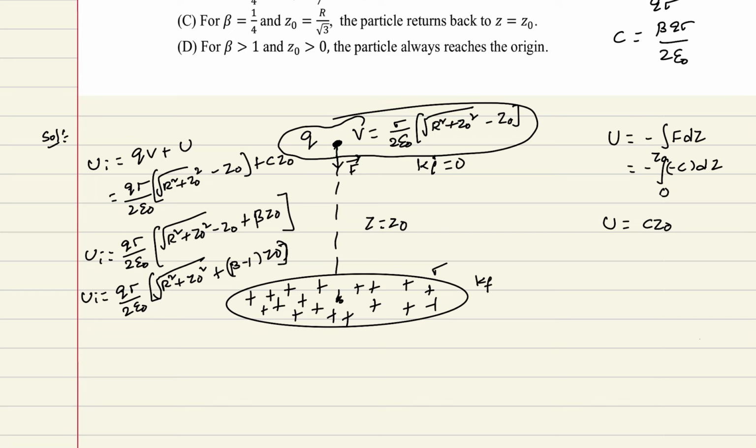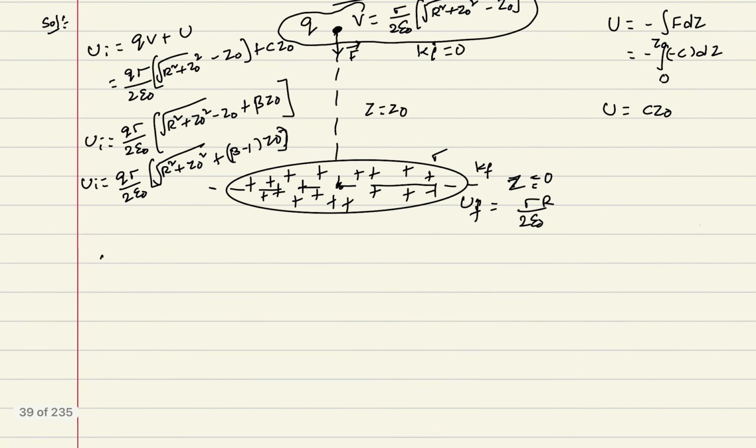The particle is dropped, so the initial kinetic energy is 0. When the particle reaches the origin, let us consider the final kinetic energy is Kf and the final potential energy is at z equal to 0. If z is equal to 0, then the final potential energy can be written as q sigma by 2 epsilon naught into r.